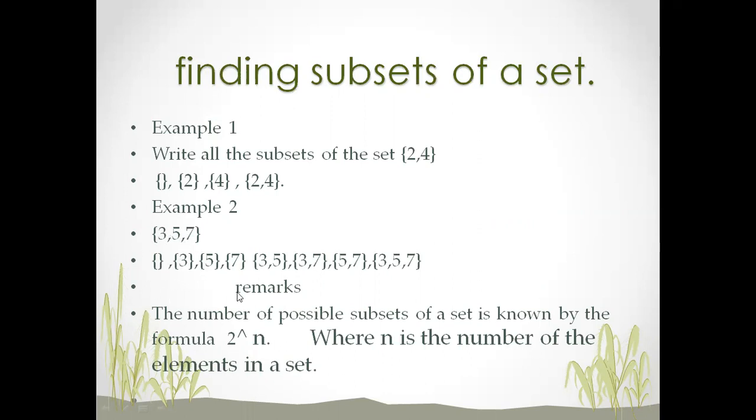And for {3, 5, 7}, first of all, how do we write the subsets of a set? First, write each element separately in set brackets, for example {3}, {5}, {7}, then pairwise: {3, 5}, then {3, 7}, and {5, 7}, then write all three elements together. Now the question is how we know how many subsets this set has.